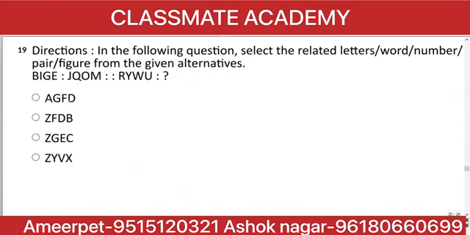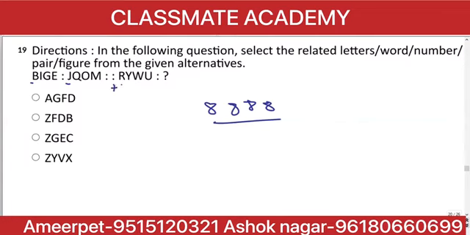Now the same kind of question based on analogy, but with regard to letters. You can do it in 2 ways. When you take the difference, what's the difference between B and J? 8. Difference between I and Q? 8. Difference between G and O? 8. Difference between E and M? 8. So everything is 8. So check and try to get the answer.